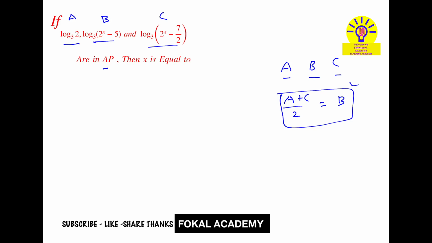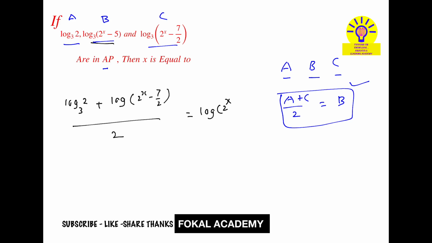So according to this, it becomes (log 2 base 3 + log of (2^x − 7/2) base 3)/2 equal to the B term, that is log of (2^x − 5) base 3.